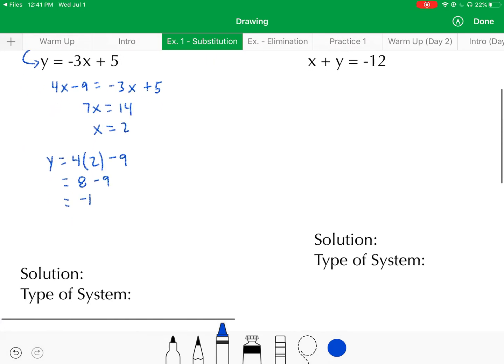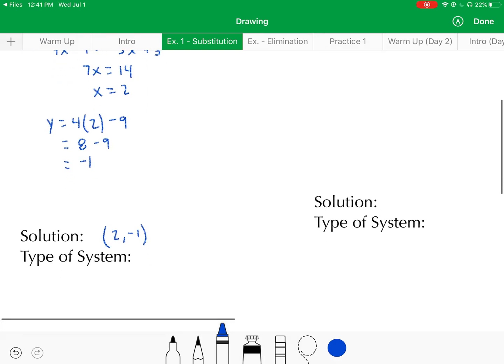So that means the solution to my system is the point (2, negative 1). And since I only got one answer from my substitution, I'm going to classify the system as consistent and independent.